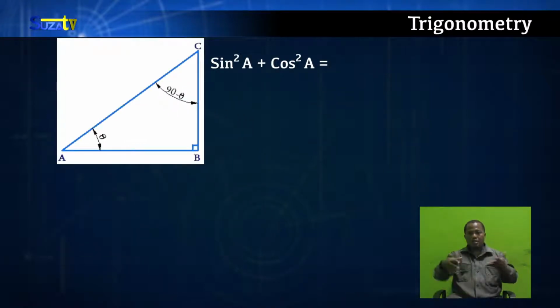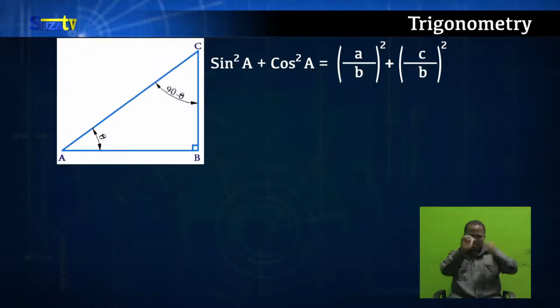Now let us sum them together, i.e. sine squared A plus cos squared A. So sine squared A plus cos squared A is equal to a over b squared plus c over b squared.